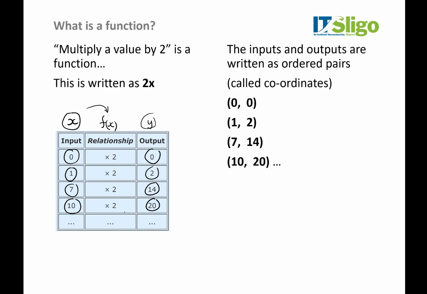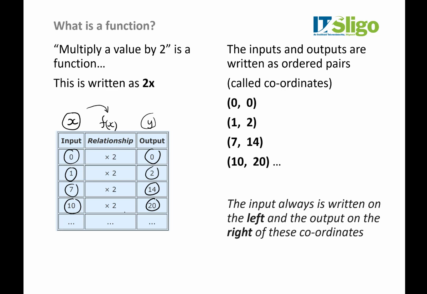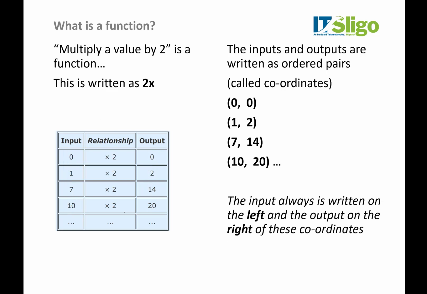Note how the input is always written first, guys. That's absolutely vital. Everything hangs on your being able to discern what's my input in this scenario, what's the output, etc., etc. So we'll take a look as we go along. The input is always written on the left and the output is always on the right of these coordinates.